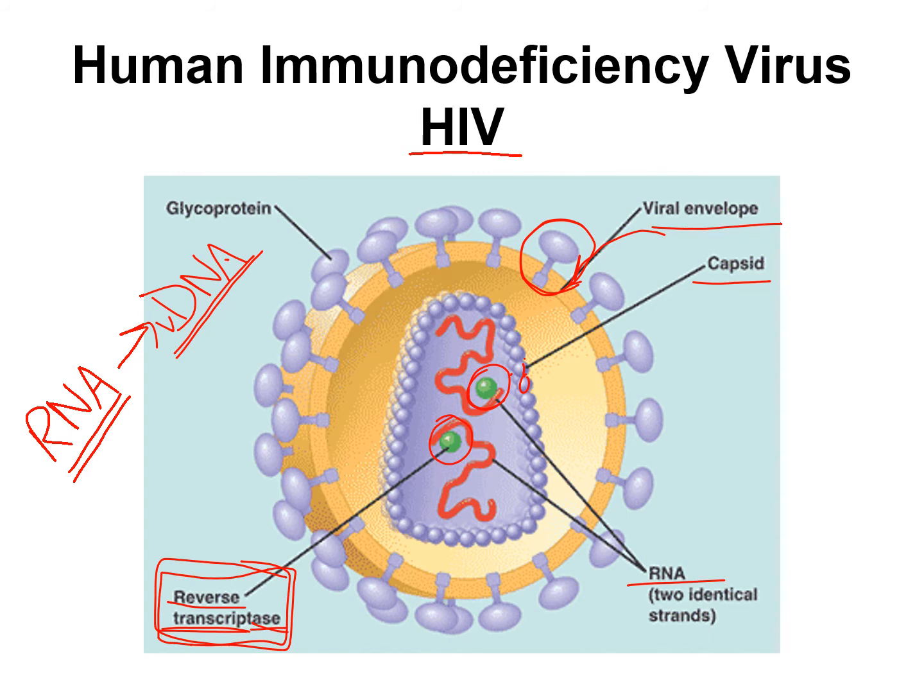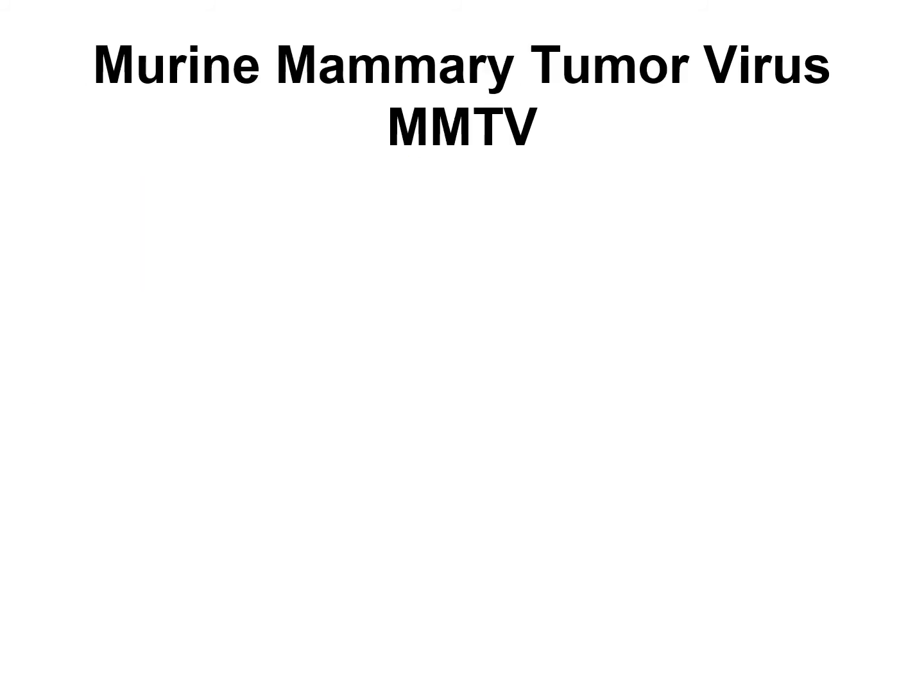There is a second type of retrovirus on your microbes to memorize list that I want you to know, and it is murine mammary tumor virus, otherwise known as MMTV. Murine mammary tumor virus is actually the animal model for breast cancer. Mammary tumor means breast cancer, and murine tells you what kind of animal it is specific for.